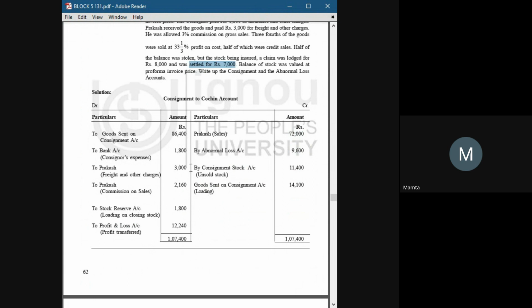After putting the loss, we just need to calculate it. We have left goods unsold worth rupees 11,400, because some of them were stolen, some of the goods were sold, and this is the left stock, meaning unsold stock.